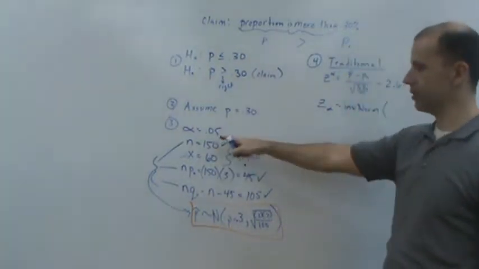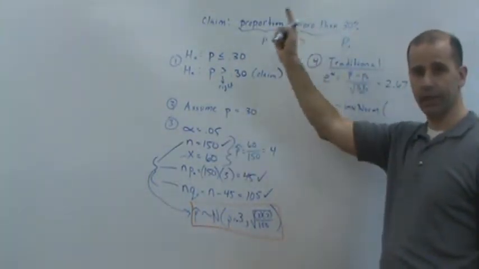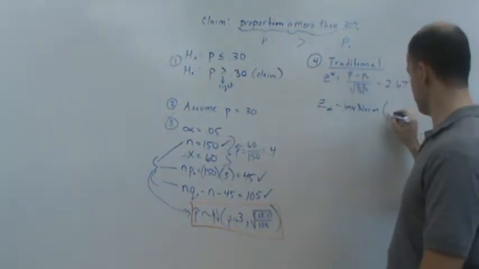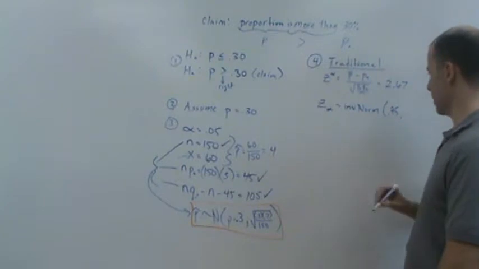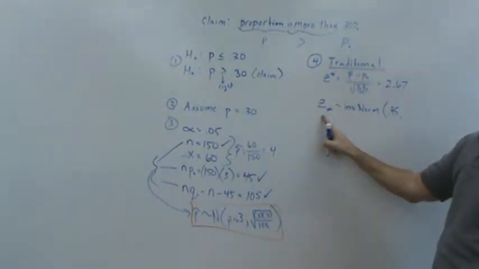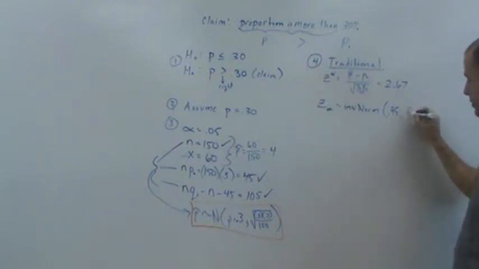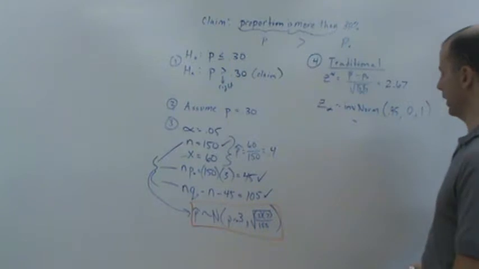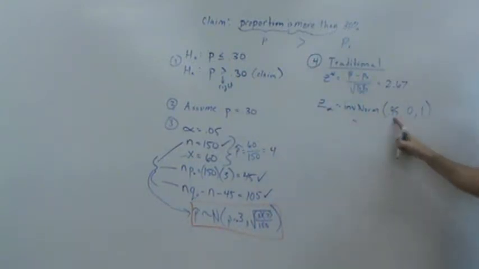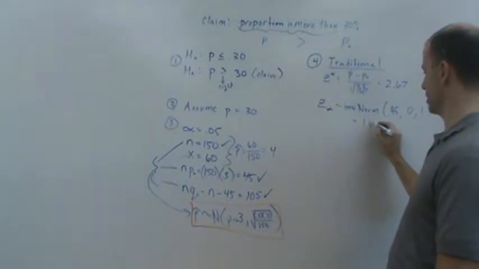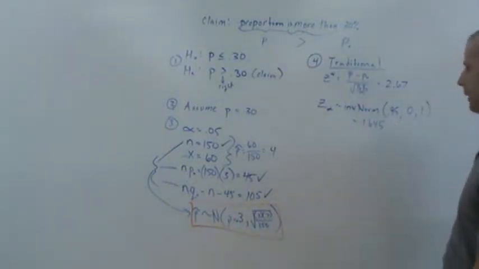If alpha is the area to the right, then the area to the left must be 0.95. So we put 0.95 in here, followed by the mean 0 and standard deviation 1, since it's a z-score and standard normal. And the critical value for this situation is 1.645, one of the common ones.